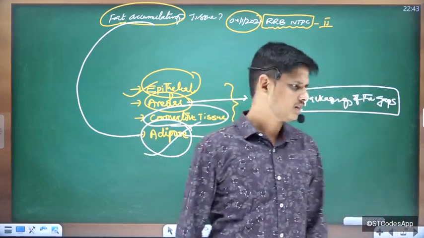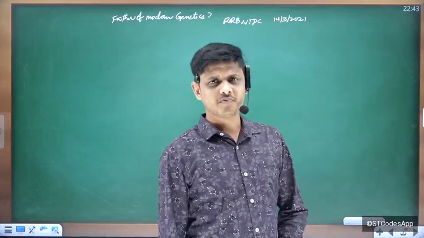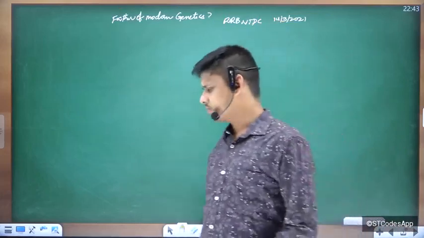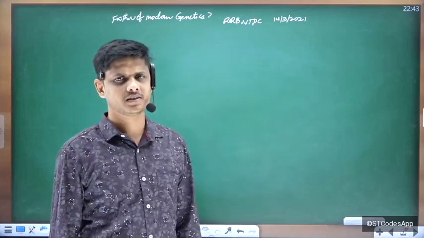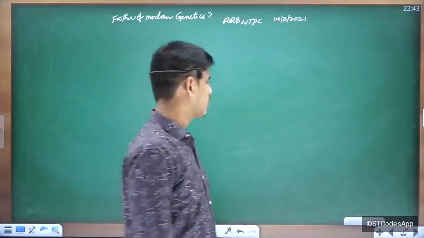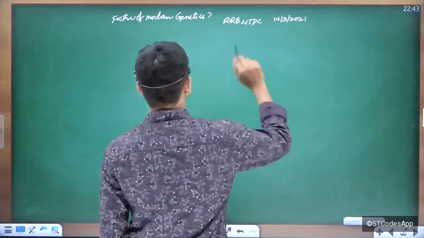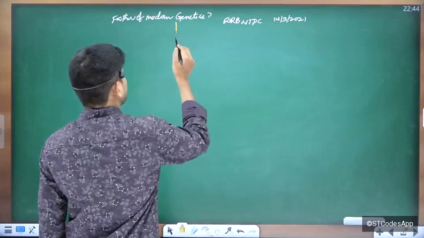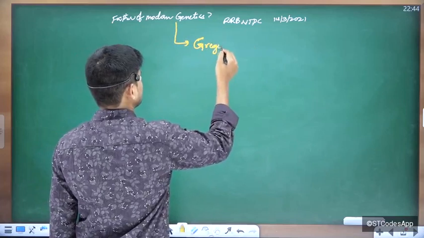Okay, let us discuss another question. Father of modern genetics. It is a very simple question that was asked on 14/3/2021 in the RRB NTPC shift number 1. Father of modern genetics is Gregor Johannes Mendel.